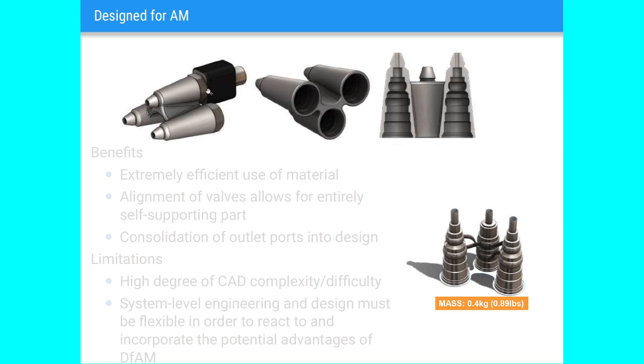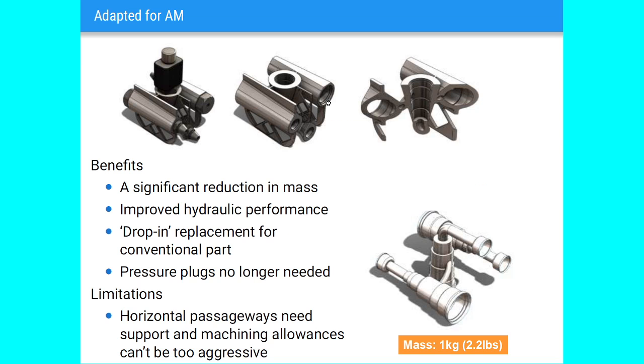So instead of inserting those particular valves, we are directly printing the whole assembly in a single piece, and we have redesigned the whole component in a single piece. Here you can see your single part is printed in one shot, and the overall weight of your component in this case is only 0.4 kg.